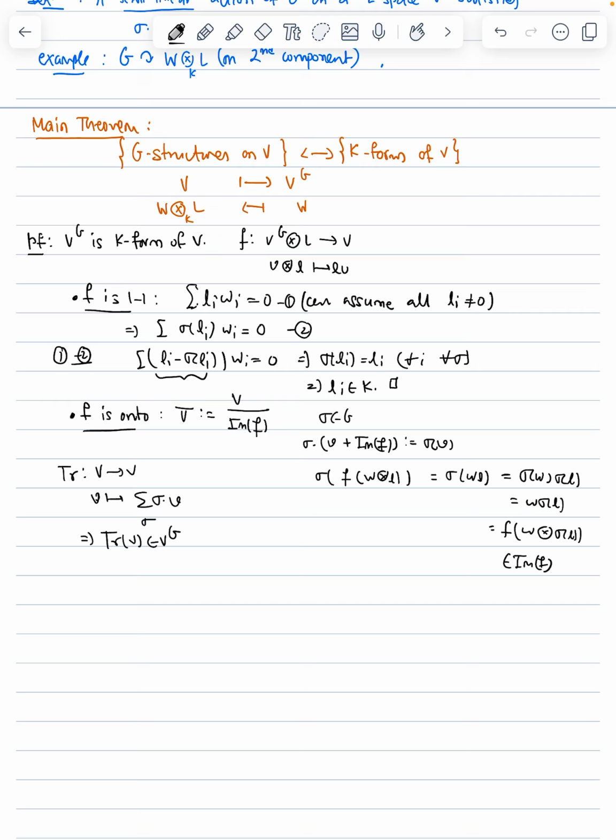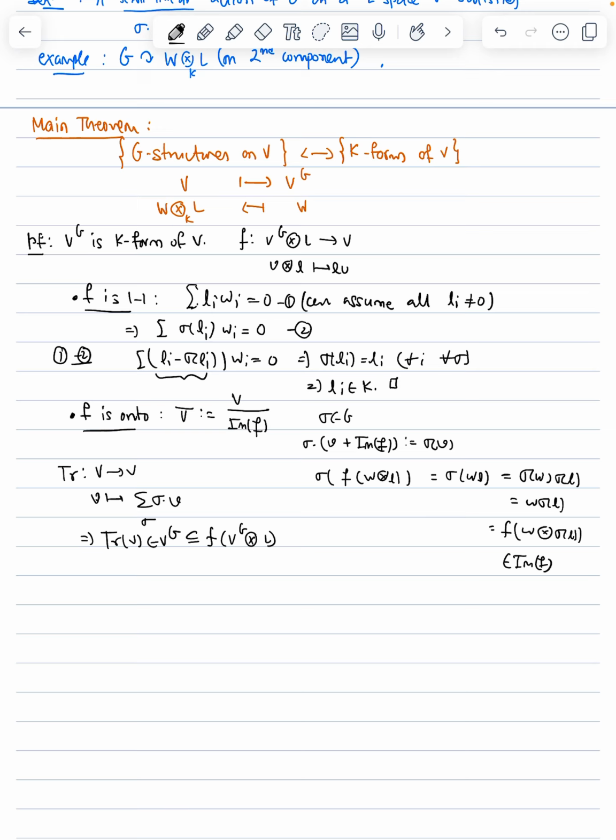And also this thing is inside the image, because you can simply take anything in the second factor and any element in the first factor.